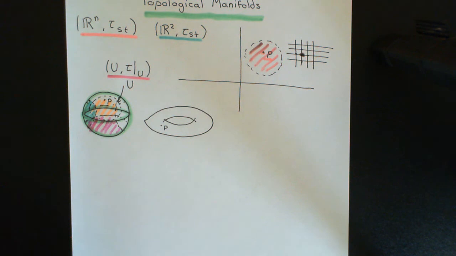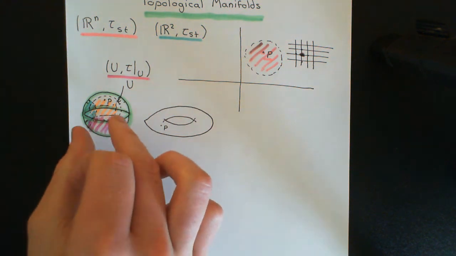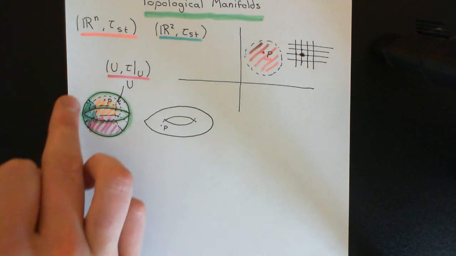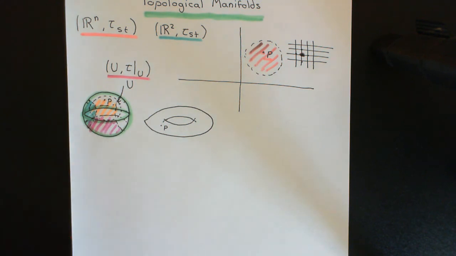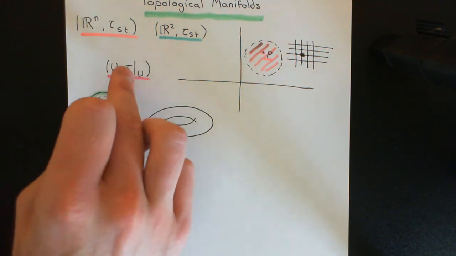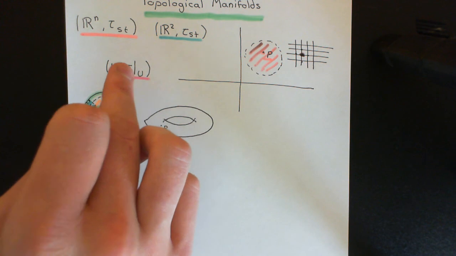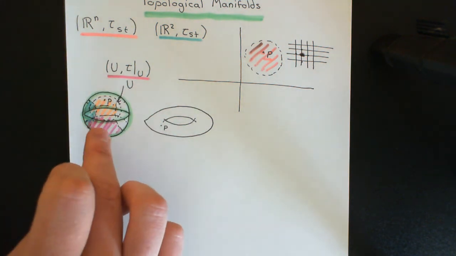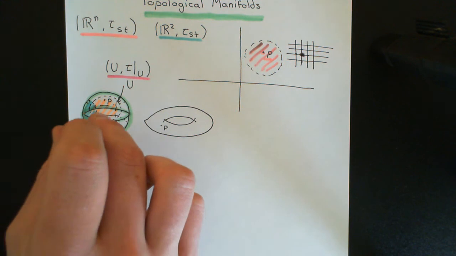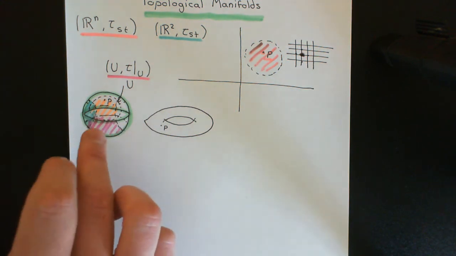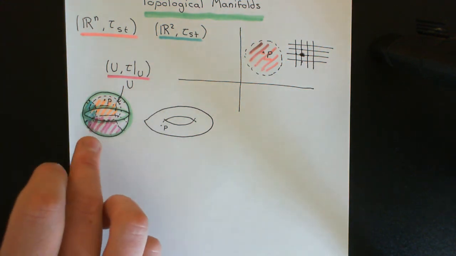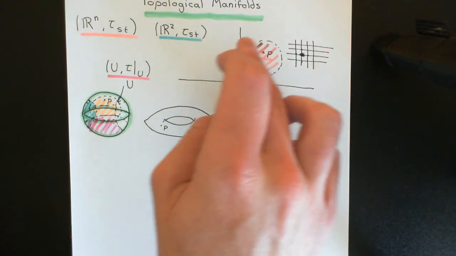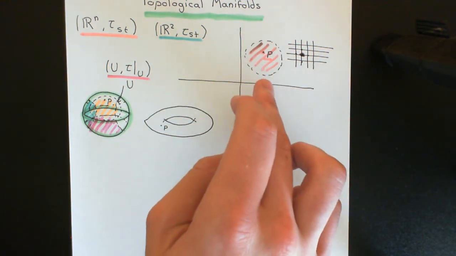Okay, so the idea here is that I can get loads of open sets here from my topological space, this arbitrary topological space over here, and I can turn them into topological spaces in their own right, so I can restrict the topological structure of the entire topological space down to those open sets, and these topological subspaces of the larger topological space, they are all topologically homeomorphic to open sets in R2.